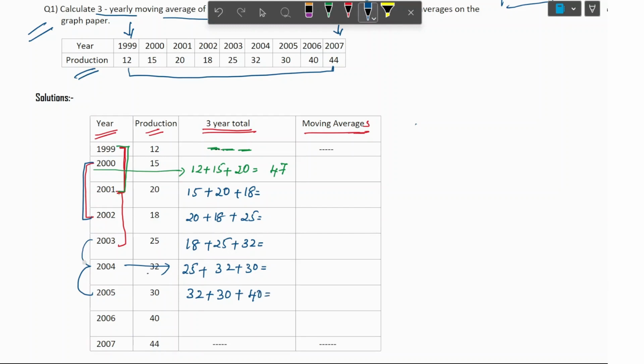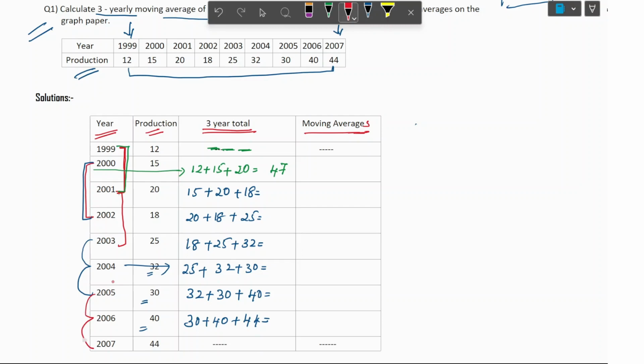That means we combine 32, 30 and 40 and write it against 2005. Now the last set: 30 plus 40 plus 44. That means you compare the years 2005, 2006, 2007, and write it against 2006.